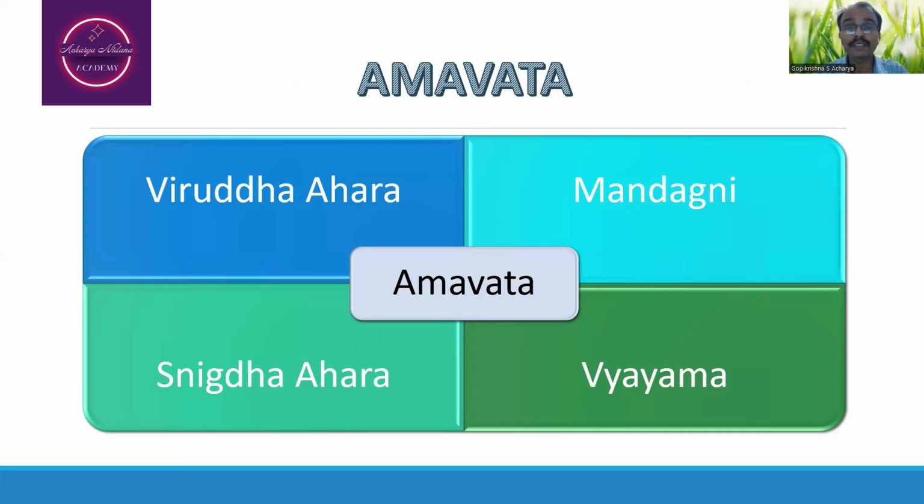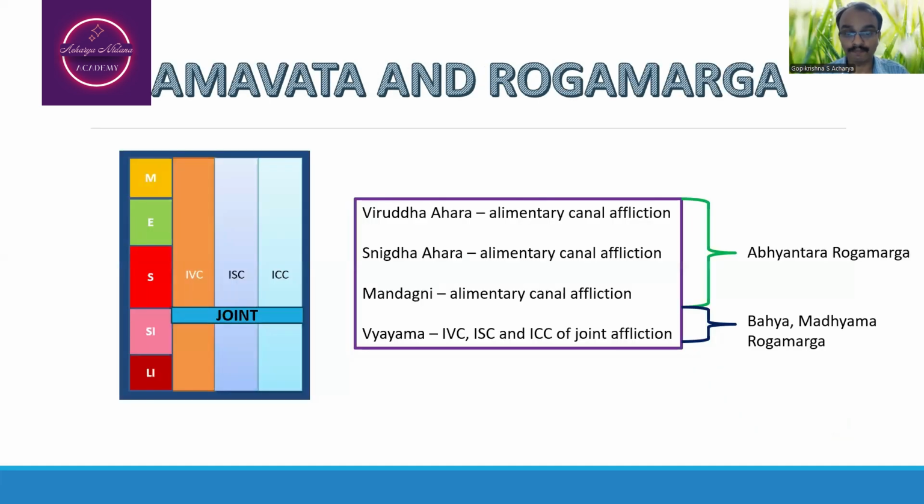With snigdha ahara, the person takes an excess amount of unctuous food substances. And with vyayama, the person does excessive activity. These are considered the main keywords described in the context of amavata.